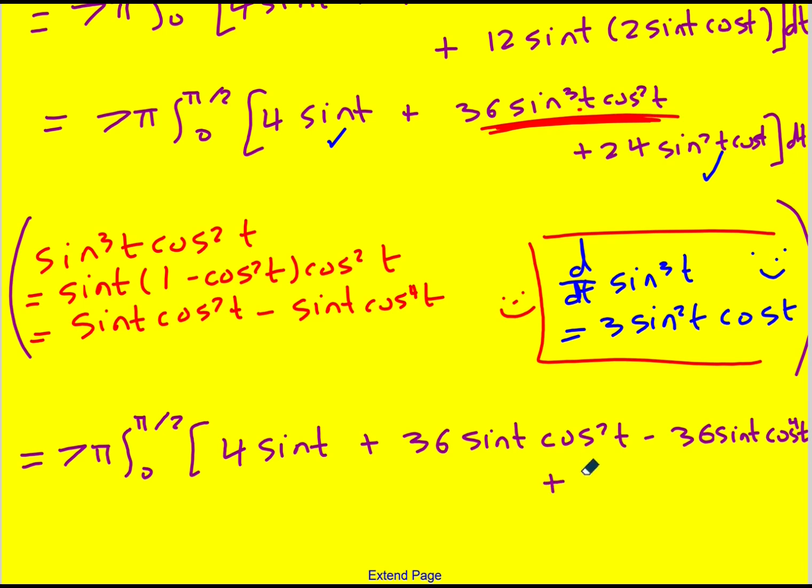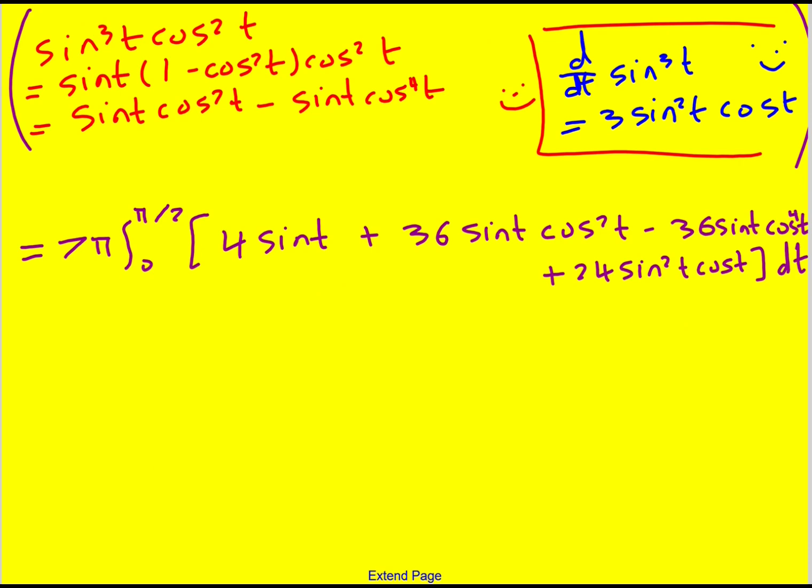And then, of course, I've got my plus 24 sine squared t cos t. Okay, that is looking good. We're ready to integrate.